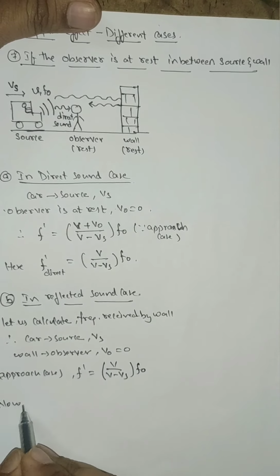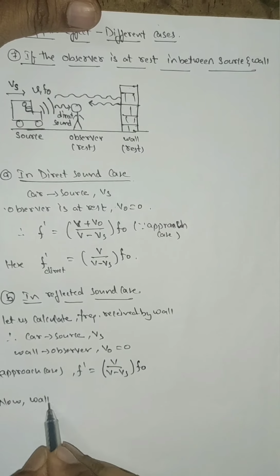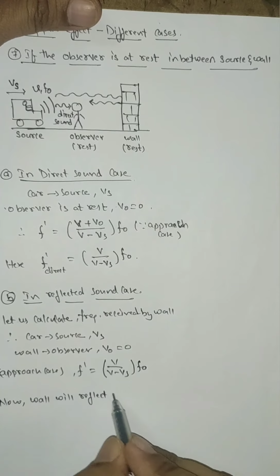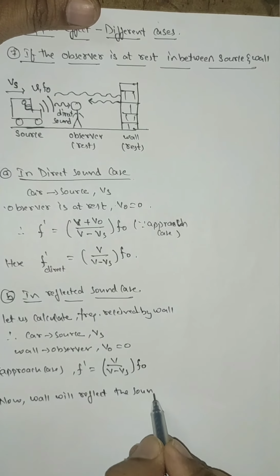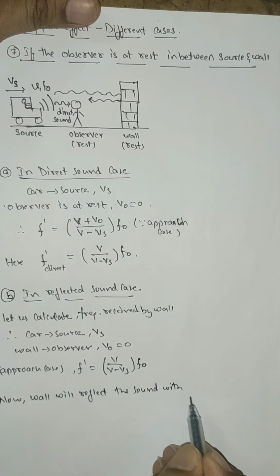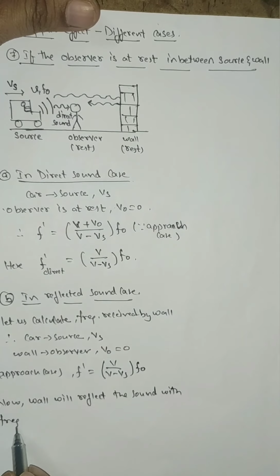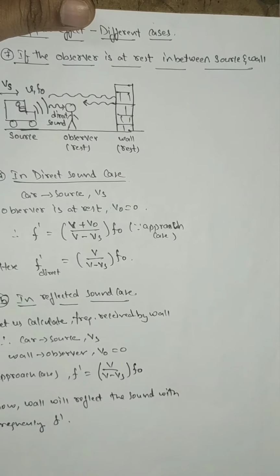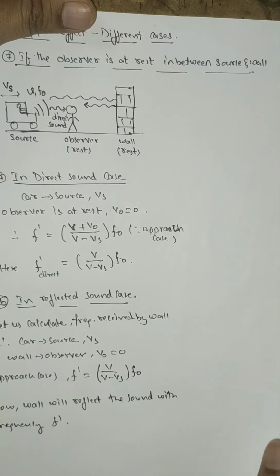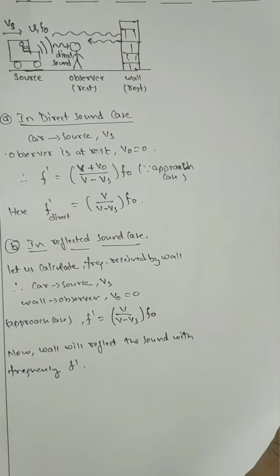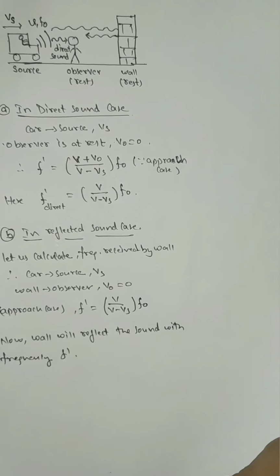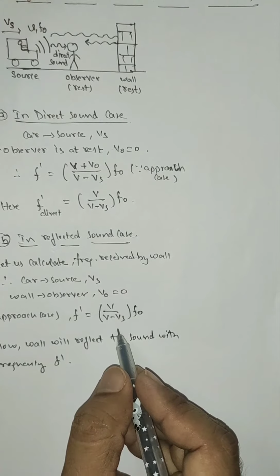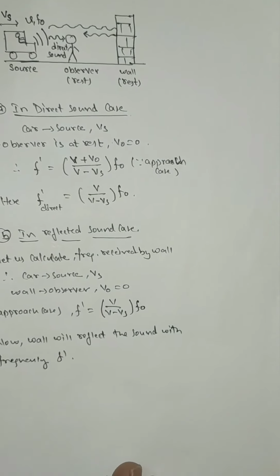Now the wall will reflect the sound with the frequency f prime. Is it clear? The wall will reflect the sound with a frequency f prime, which is equal to V by (V minus Vs) into F0.